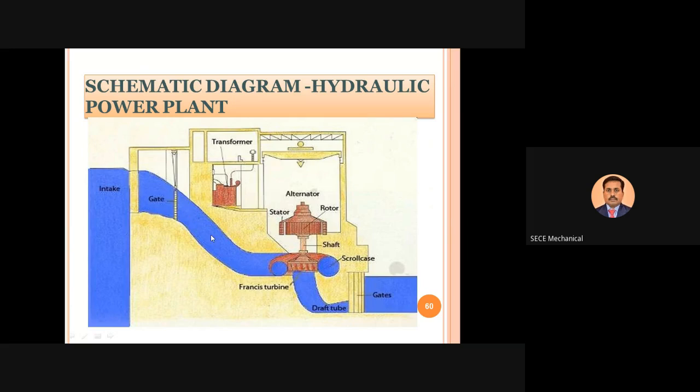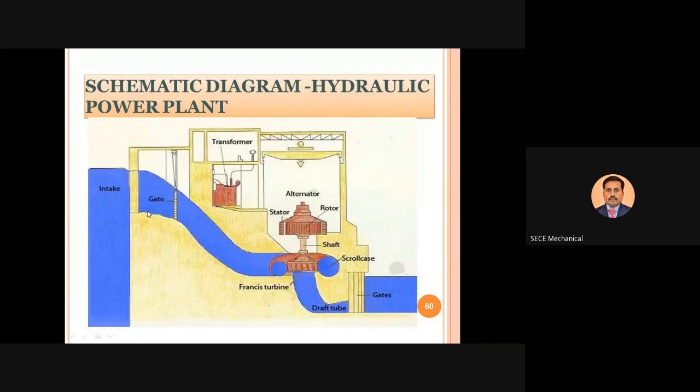And next you need a penstock device. The penstock is used to connect the turbine and your gate system. While transferring the water from the reservoir to the turbine, in between you have to provide a surge tank. With the help of the surge tank we can store some amount of water due to the pressure variation.